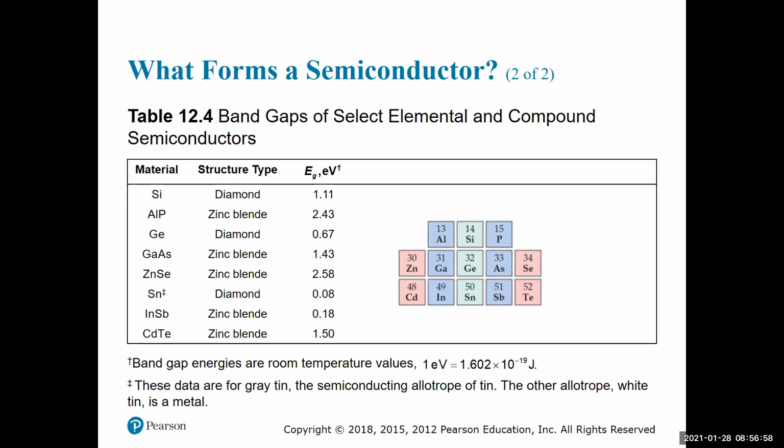But the big thing here is seeing these band gap energies, this EG column. And we see those are all pretty low. And so that's what we said before: to be able to make that transition based on our molecular orbital diagram, we need that band gap energy value to be below 3.5. And these are all well below 3.5.